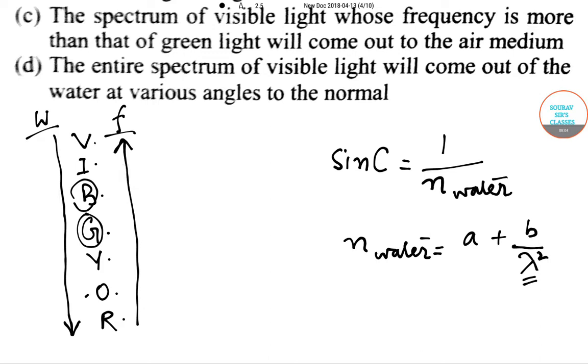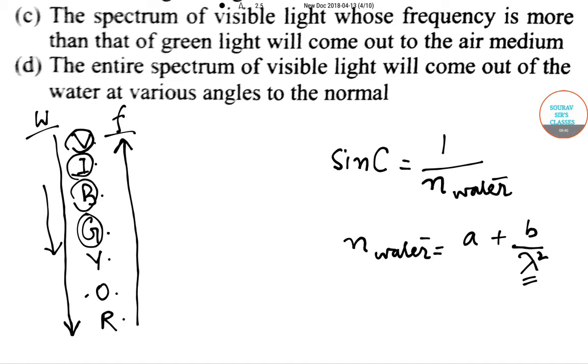In the same way, we can say that frequency of indigo colored light will be less than that of violet colored light. So in this direction frequency is increasing, and in this direction wavelength is increasing. So wavelength and frequency are inversely proportional to each other. When wavelength is increasing, frequency is decreasing.